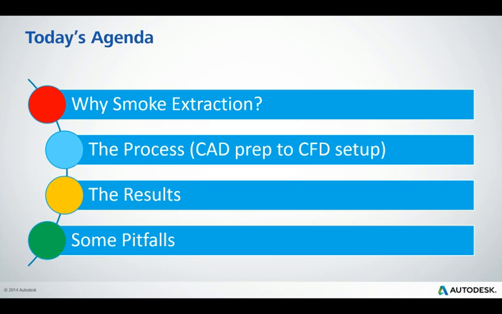Then I'll talk about some of the results. And again, at that point, like Royce said, I've got some customer results as well that I've got permission to share. They're much bigger models than we would typically demo, so they're very interesting to see. And then I want to talk about some pitfalls as well. Sometimes when you run these models, you find problems with error of divergence, and I want to cover a bit of that there.